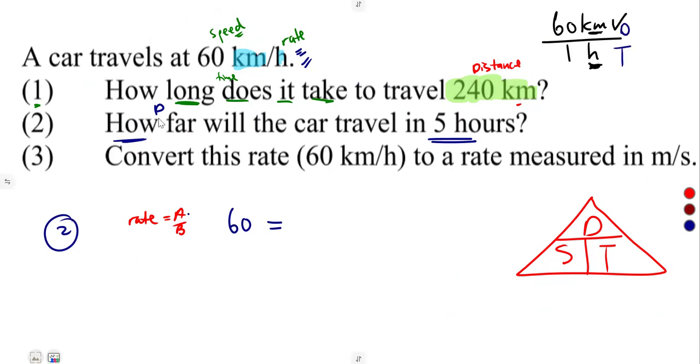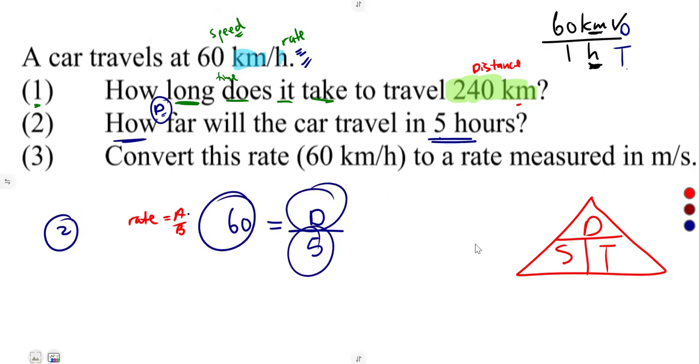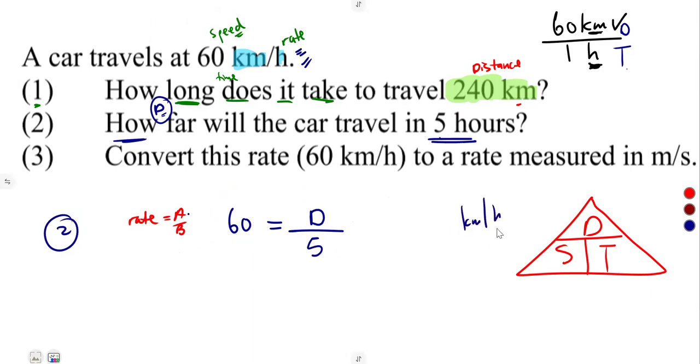So quantity A is the one that you must calculate, the distance. You do not know that one. And quantity B is the time, which is given as 5. From that rate, kilometers per hour, it's distance, quantity A, over quantity B, kilometers over hour.